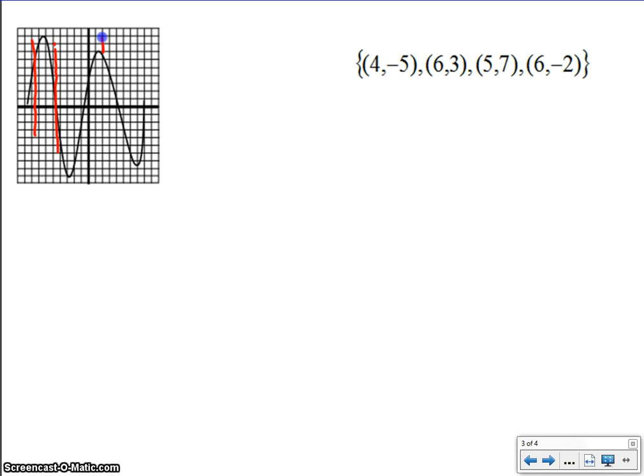So that means for this x value of 2, it only has one y value, it looks like 1, 2, 3, 4, 5, 6. So one output. The input is the x values, the output is the y values, and each of these x values only has one y value, so yes, this is a function.